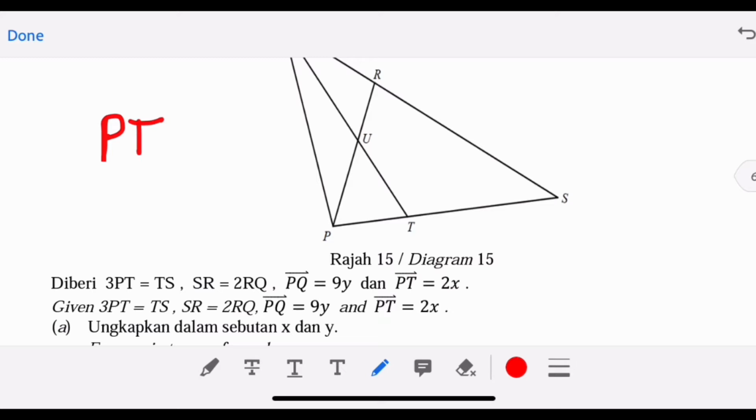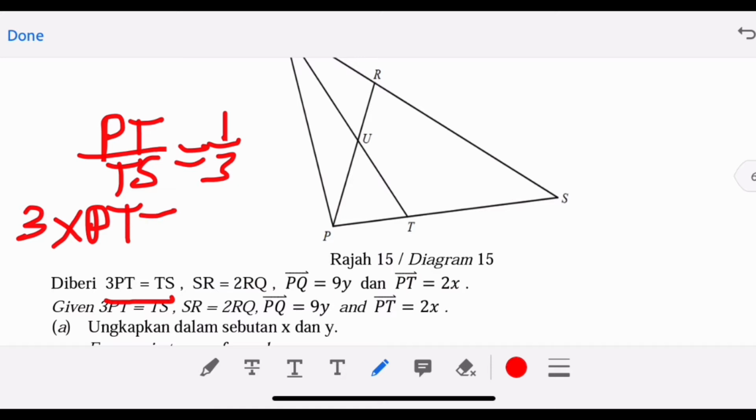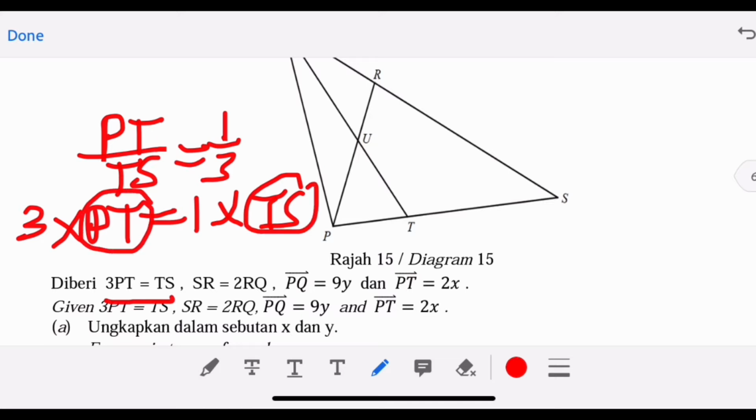PT over TS is 1 over 3, right? From here, 3 times PT equals 1 times TS. So if I am going to write the fraction, I have to express it as a ratio. So it is 1 over 3.